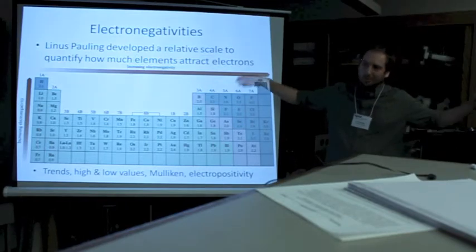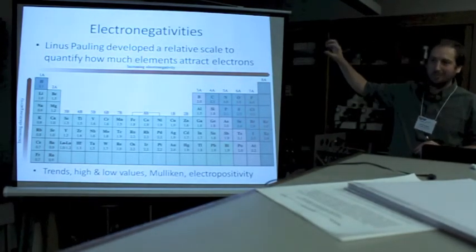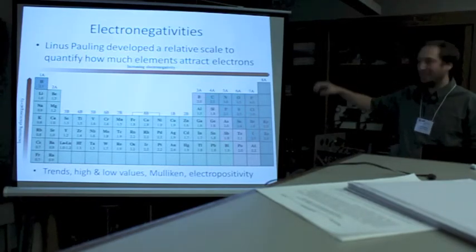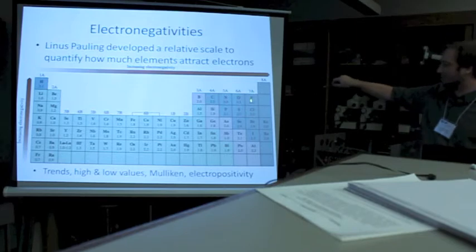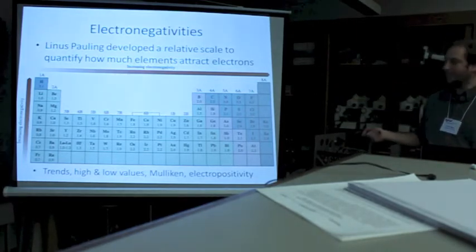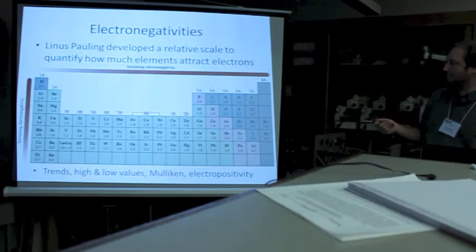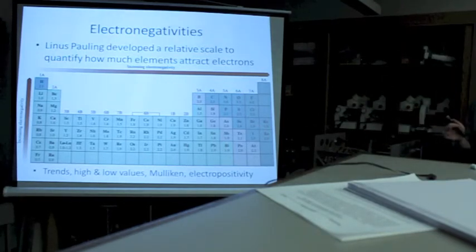So those electrons are a little bit farther out there, so the electrostatic interaction between the nucleus and those electrons that are a little bit farther away is going to be a little bit weaker. And so you can follow these trends. As the atoms get bigger going down, the electronegativity drops a little bit. And then likewise, as you go to the left, as the number of protons in the core gets a little smaller, the electronegativity also drops.